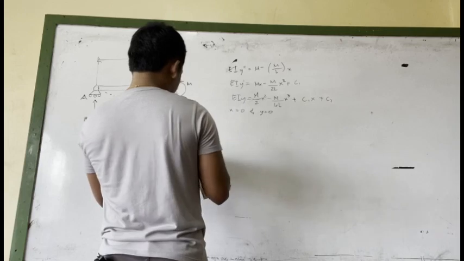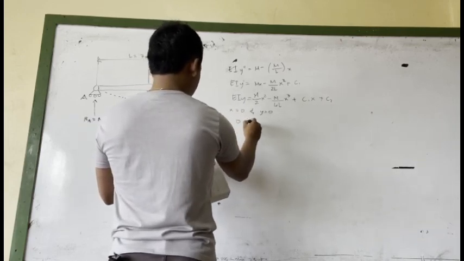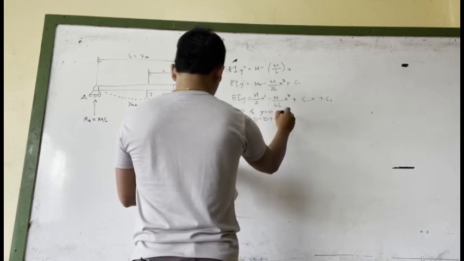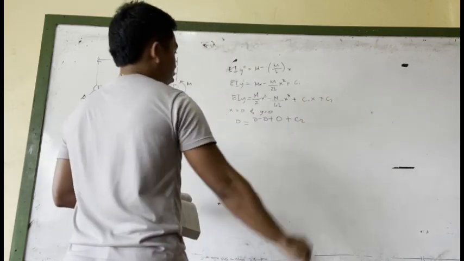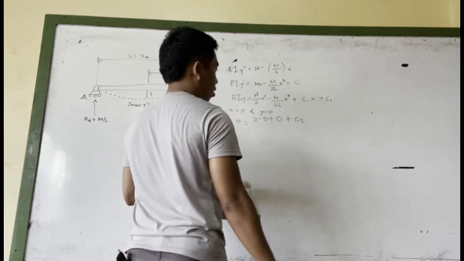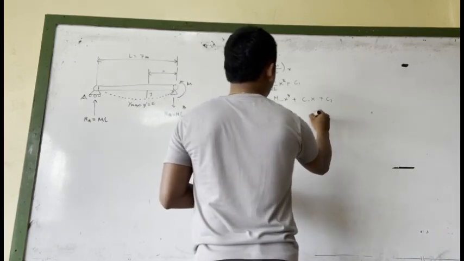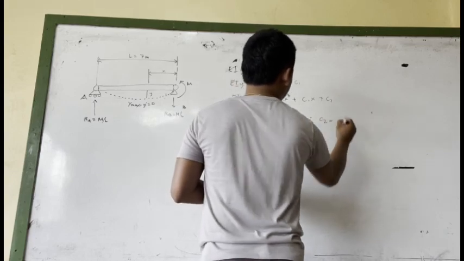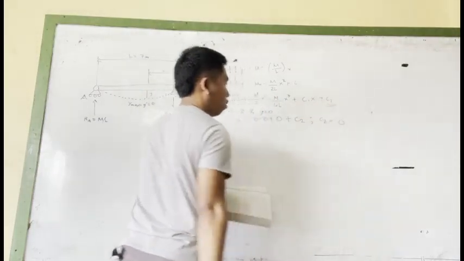So this will become 0 equals 0 minus 0 plus 0 plus C2, which makes C2 our last value that is not 0. Then transposing it, our C2 will become 0. So we already have the value of our C2.